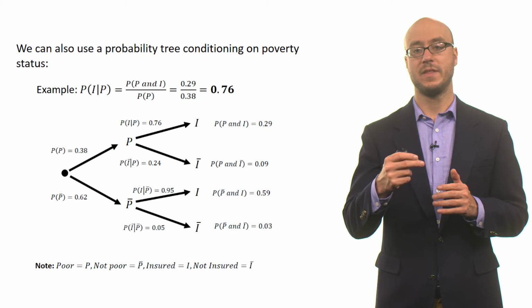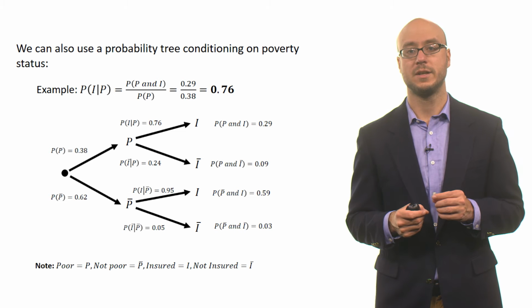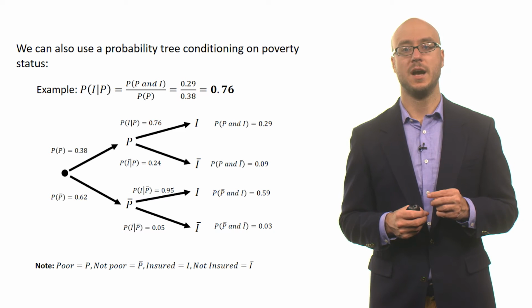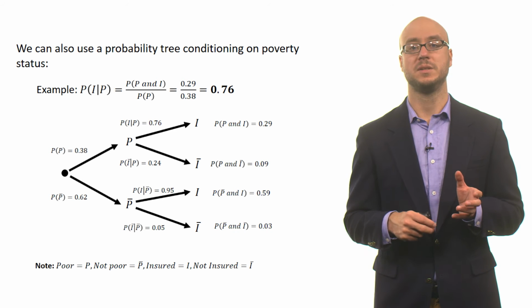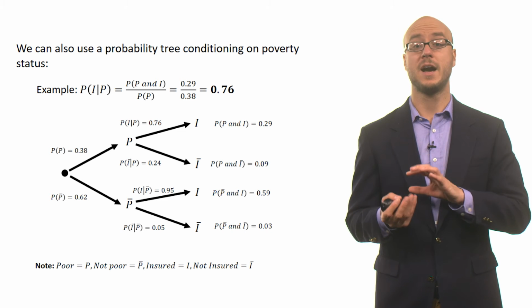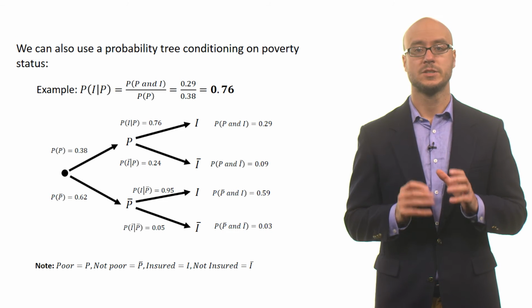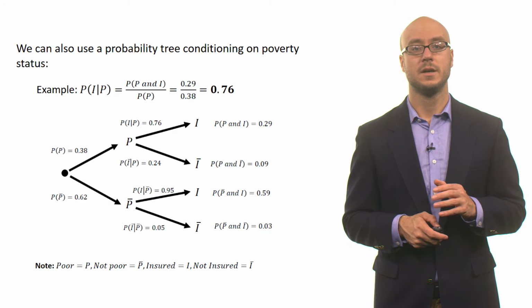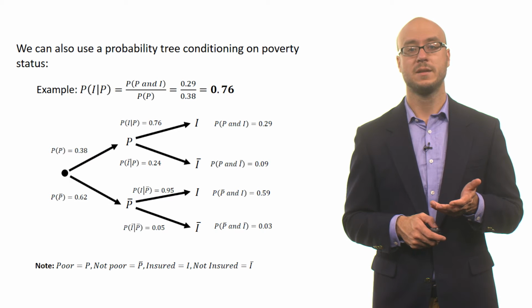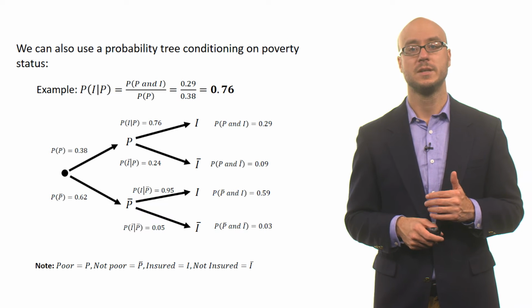Then the other 4 branches are going to tell us the probabilities of I given P, not I given P, I given not P, and not I given not P. You can see that the overall probability of P is 0.38, and not P is 0.62.